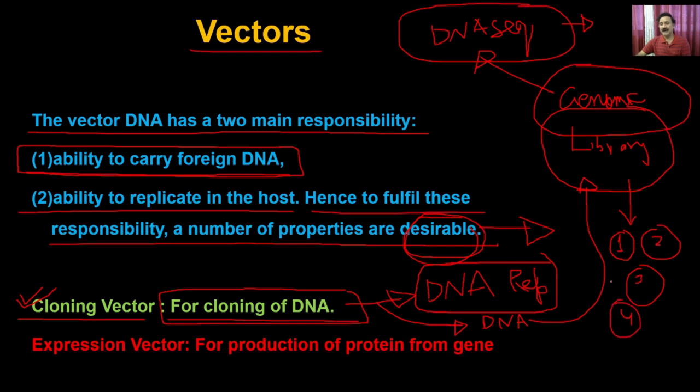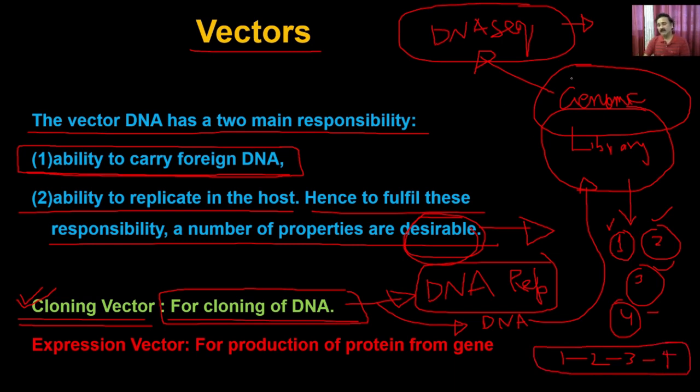That's how you can represent the complete genome in a genomic library, by having different parts of the genome in the cloning vectors. Then I can just sequence 1, 2, 3, and 4, and put them together, and that's how I can have the complete genomic sequence of that particular organism.